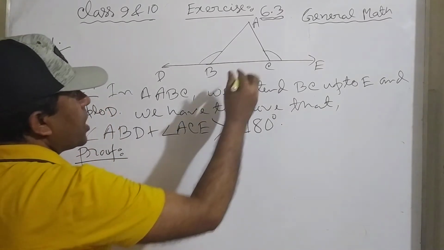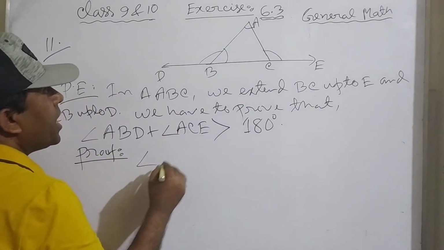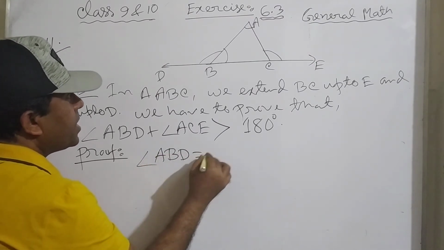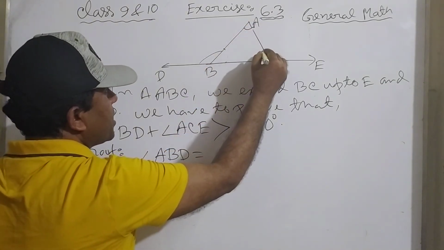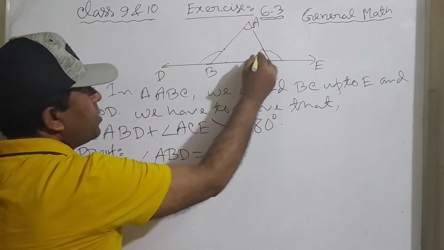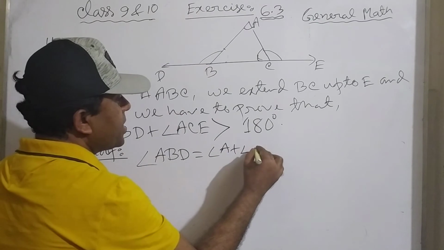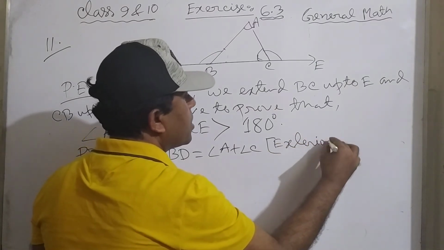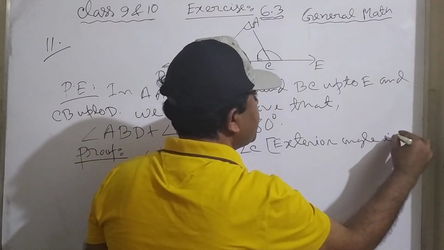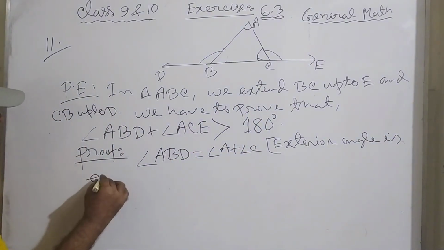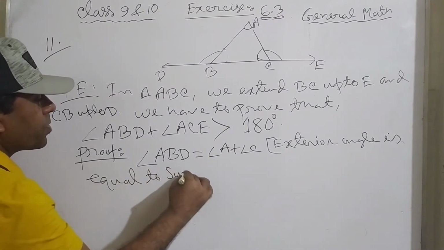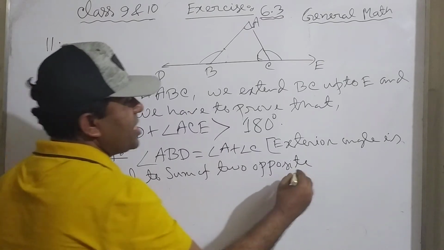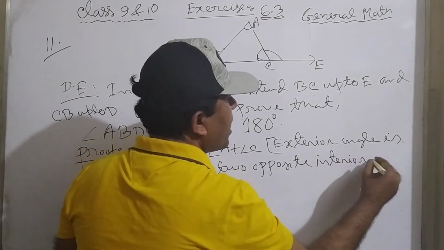Exterior angle is equal to the sum of two opposite interior angles. Angle ABD is equal to the sum of two opposite interior angles, that means angle A plus angle C. Exterior angle is equal to the sum of two opposite interior angles.